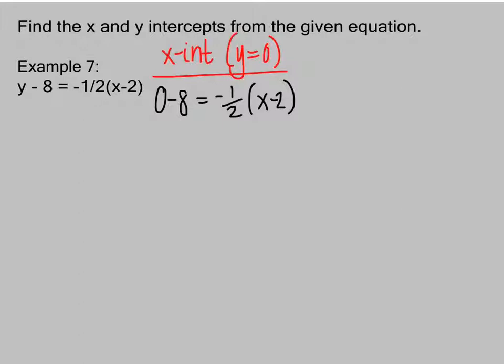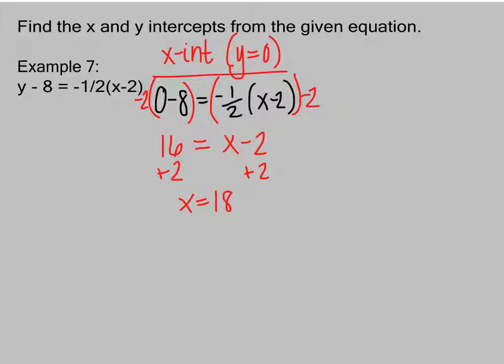Now, in order to get rid of that negative 1/2, I want to multiply that by a negative 2. So I'll do that on both sides. That's going to give me positive 16 equals x minus 2. Then I'll add 2 to both sides, and I get x equals 18. Then I just write it as an ordered pair, which gives me 18, 0. That is my x-intercept.